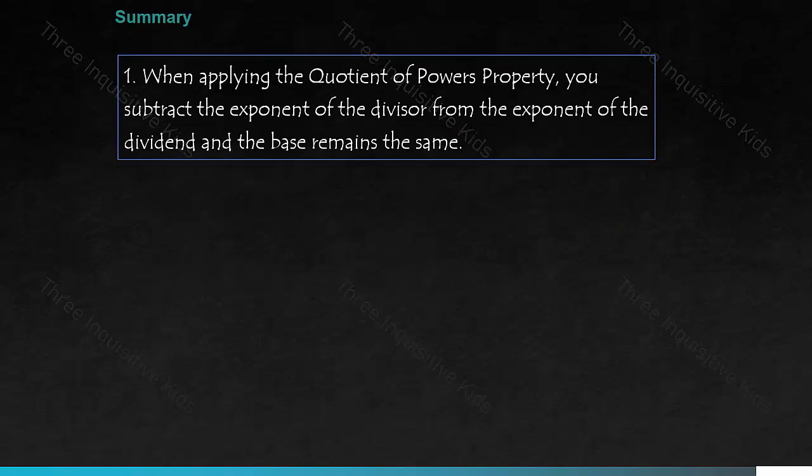Summary. When applying the quotient of powers property, you subtract the exponent of the divisor from the exponent of the dividend, and the base remains the same. a to the m over a to the n equals a to the m minus n. a does not equal 0, and m and n are both integers. They don't have to be positive.